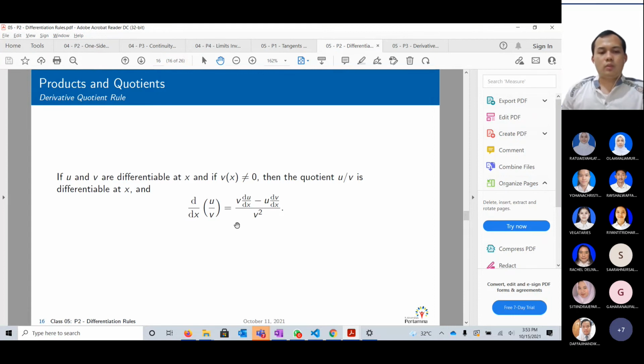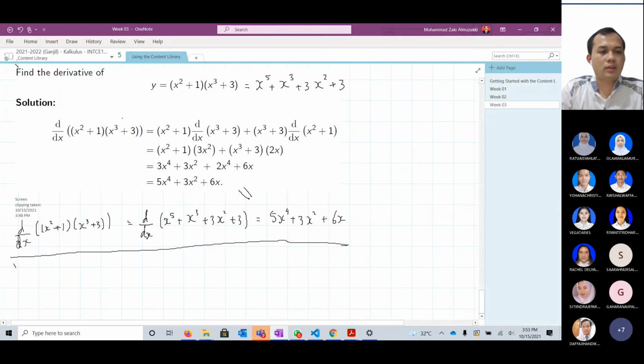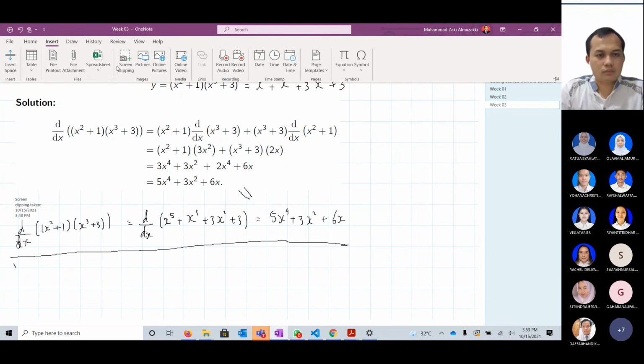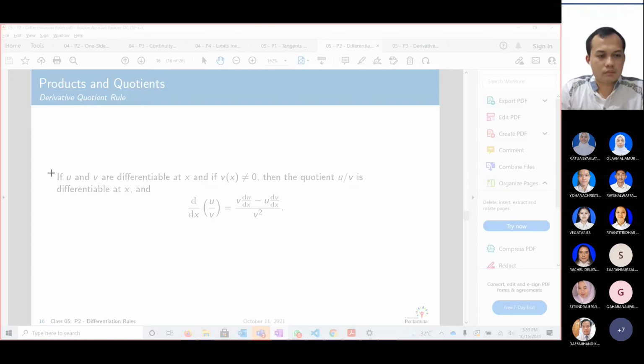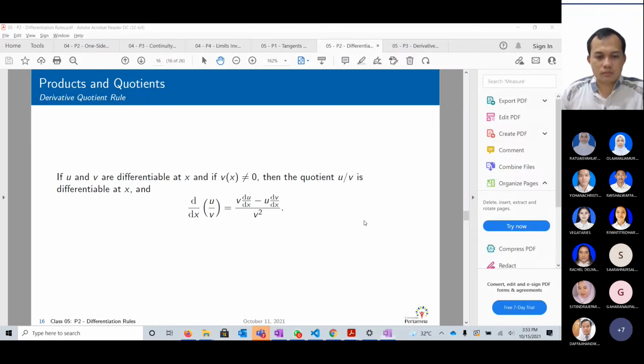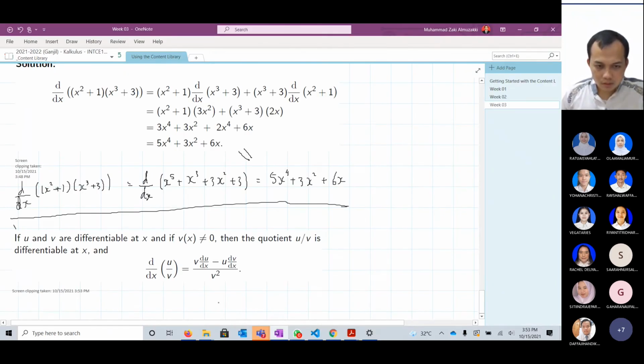Or I think you will understand more if I use this term. d/dx of u over v is u prime v minus u v prime over v squared.